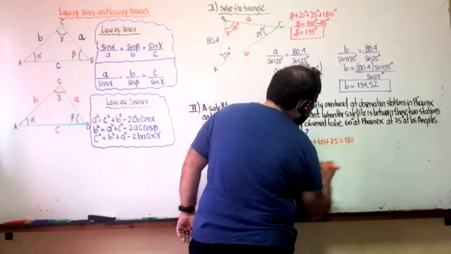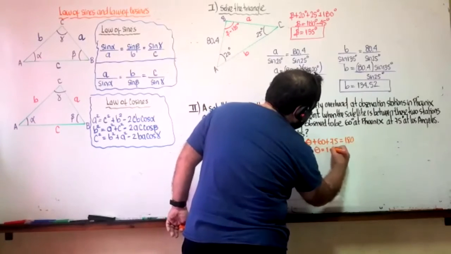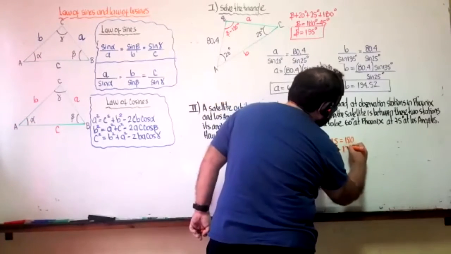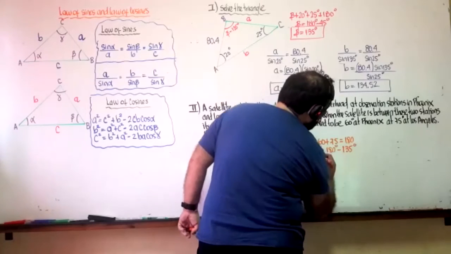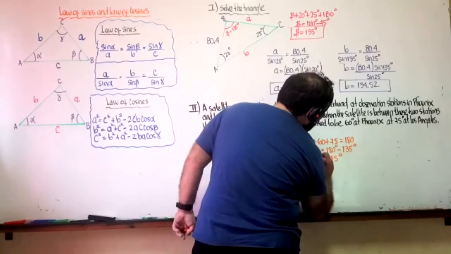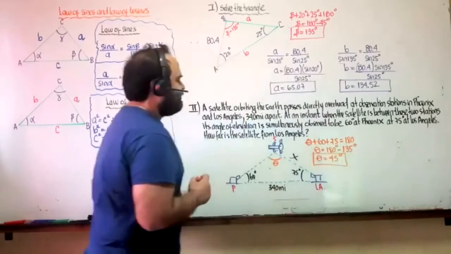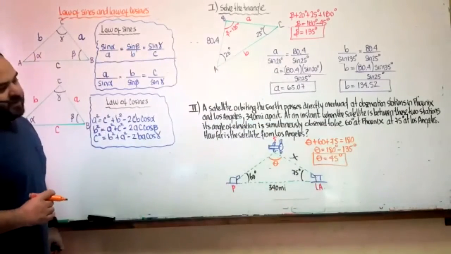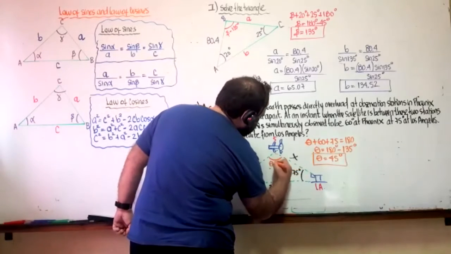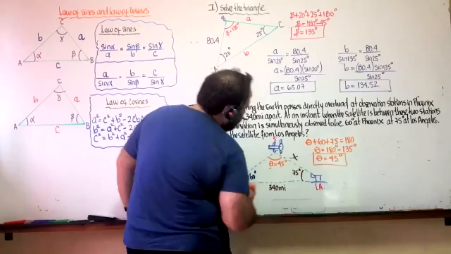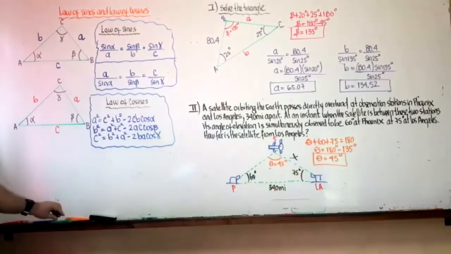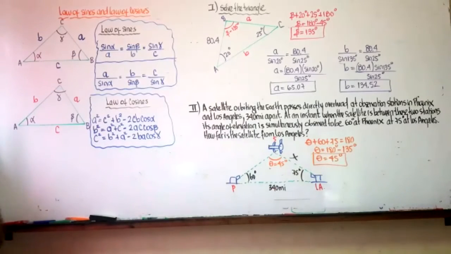So theta will be 180 minus 135, which is 45 degrees. Theta equals 45 degrees.